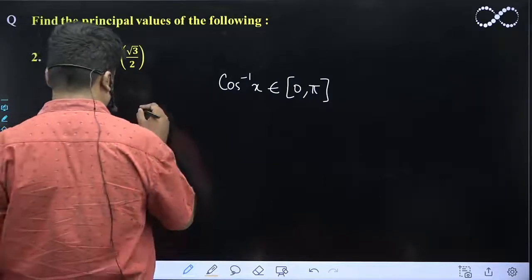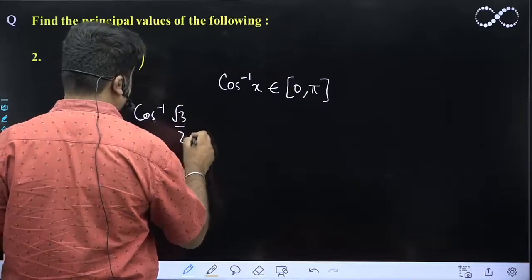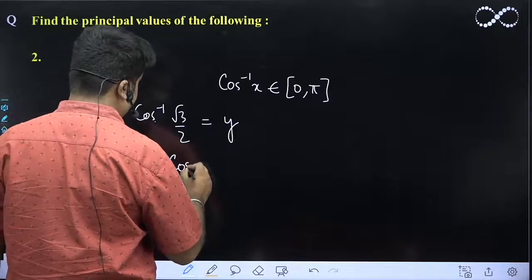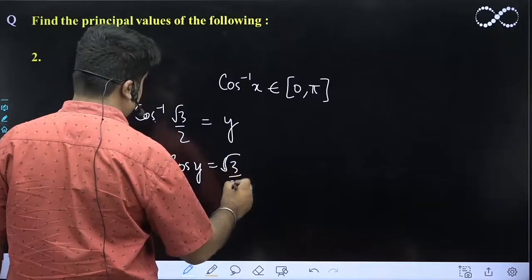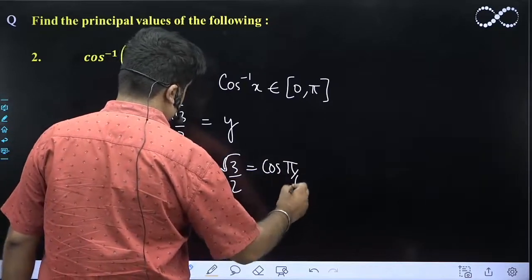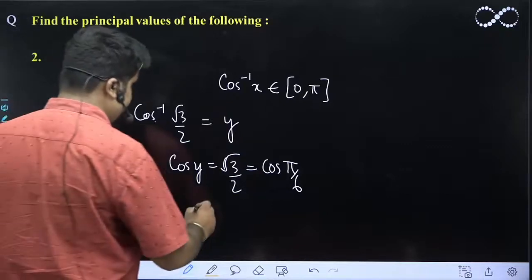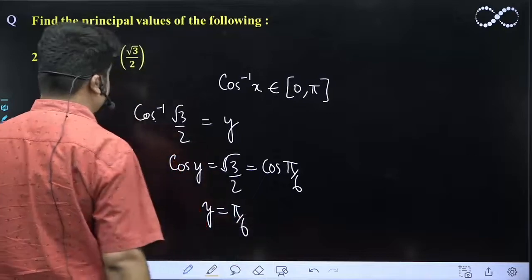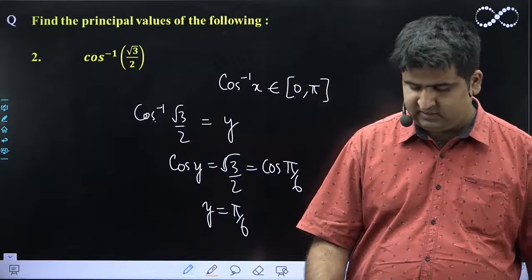Now, if cos inverse root 3 by 2 is equal to, let's say, y, then we get cos y is equal to root 3 by 2, which is nothing but cos of pi by 6, right? So therefore, clearly from here, we get y is equal to pi by 6. So the answer to this question will be pi by 6.